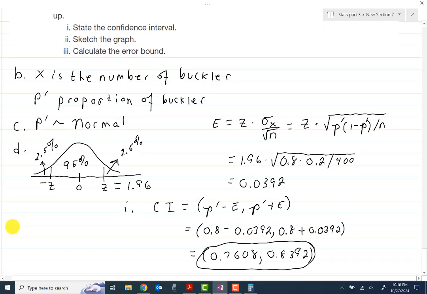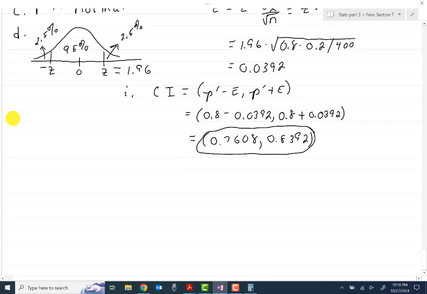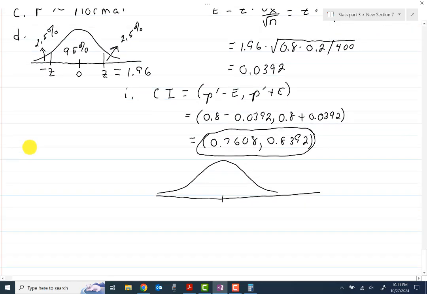What else did they ask us here? Sketch the graph, okay? I think that's what they're talking about here. Maybe they're talking about just the interval itself, I don't know. But let's draw a picture of this. P prime was 0.8. So we'd have 0.8, and then we would come up to 0.8392, and then back here to 0.7608.